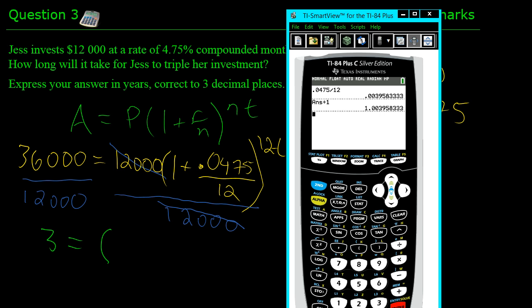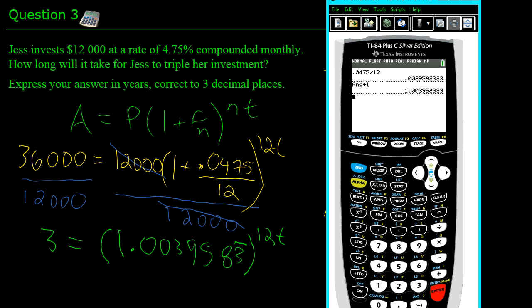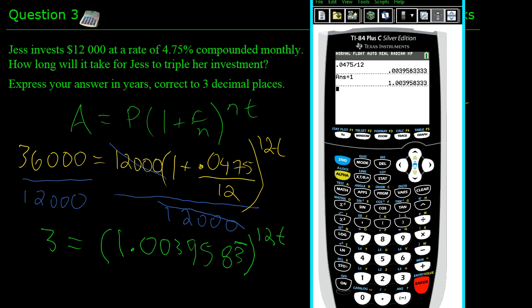In my opinion, this is a terribly designed question because we're getting ugly decimals, but I guess in life there's ugly decimals. So we get 1.003958, and it looks like the 3 is repeating because we're dividing by 12. Don't just keep 3 decimals. All to the 12t. So I will use the answer on my calculator from here on.